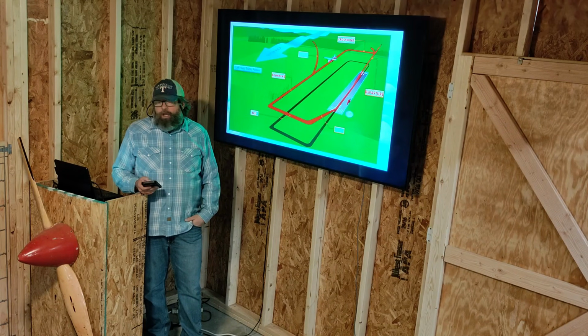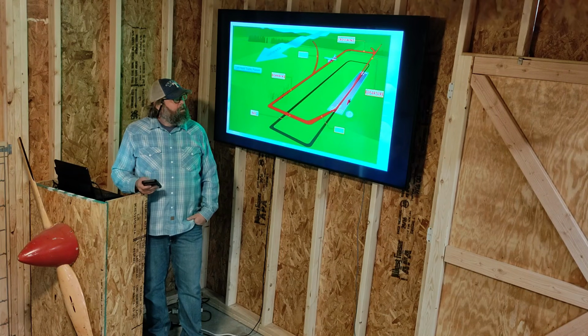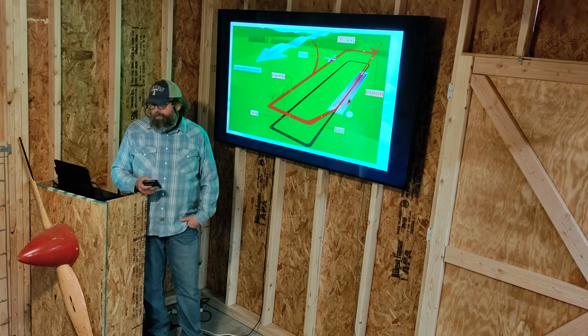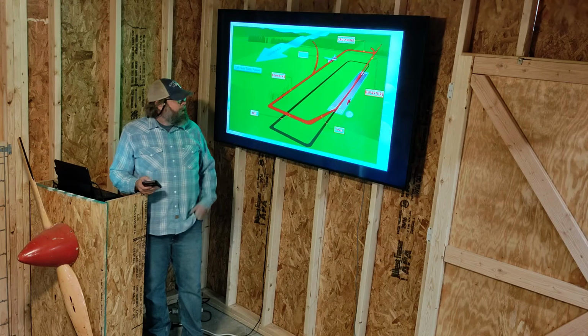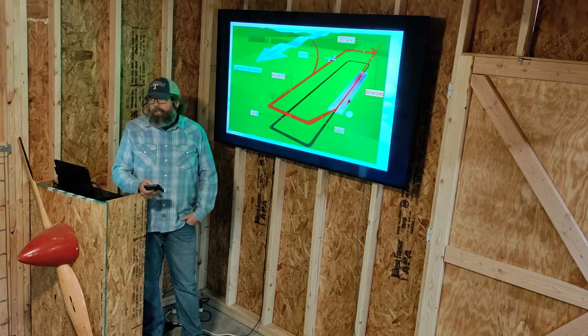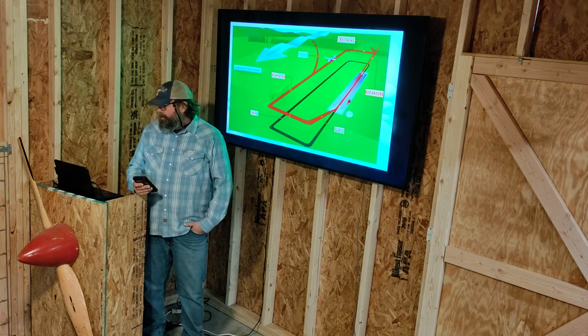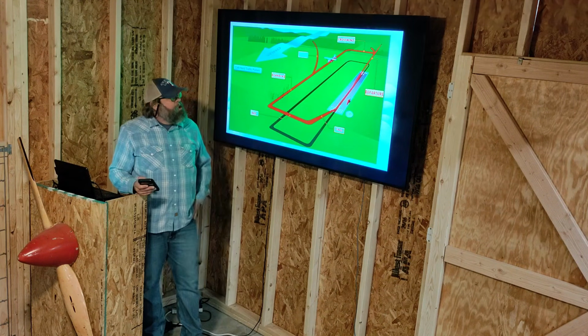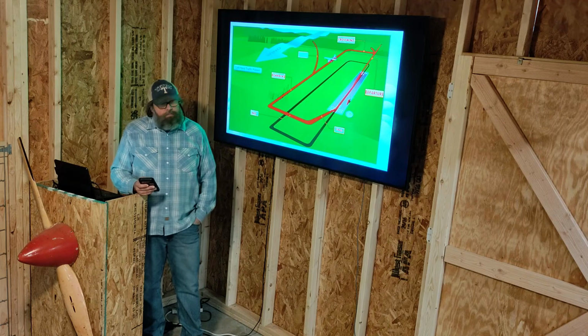Landing. Not landing. Approach. Which kind of approach? Final. Yep, so this is the final. He's making a turn from base on the final. And then landing. So those are the four sides of the airport pattern that you need to know. You need to memorize those.